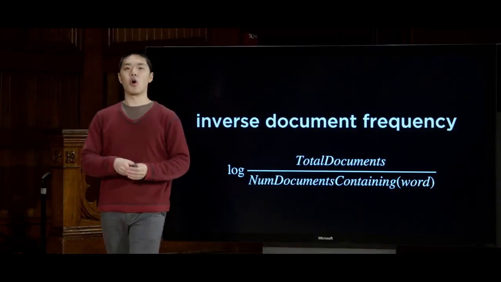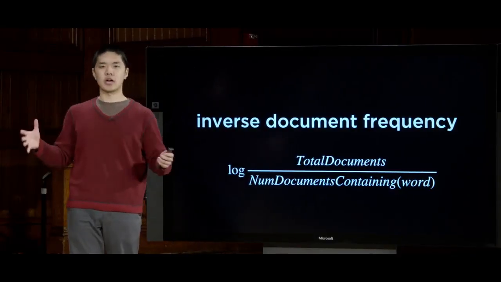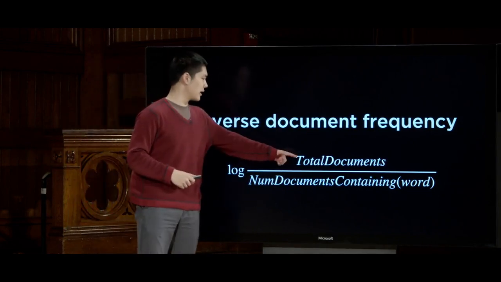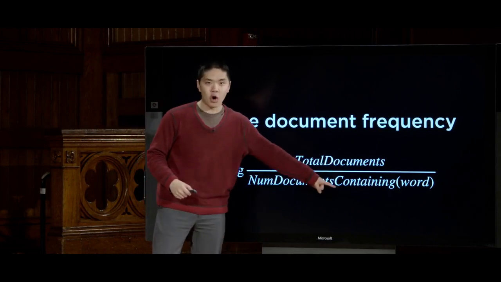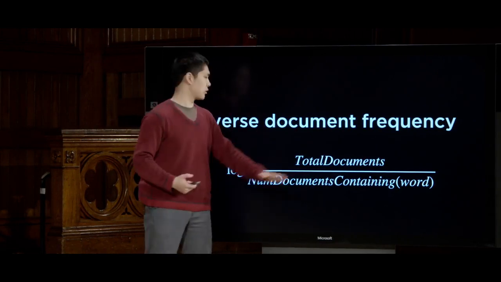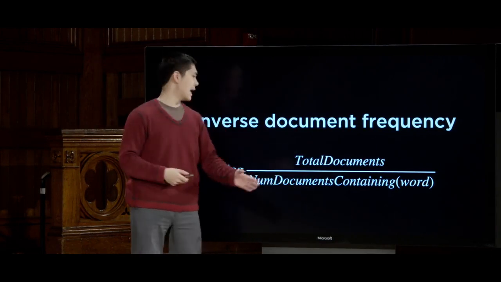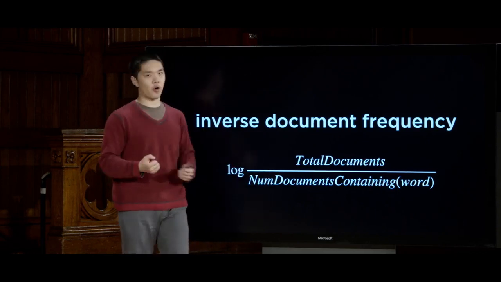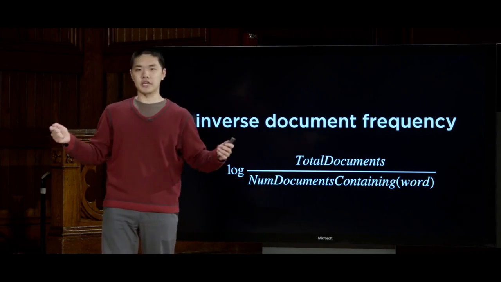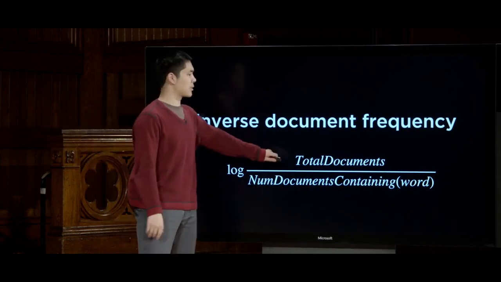So if a word like Holmes shows up in all of the documents, well, then total documents is however many documents there are. And number of documents containing Holmes is going to be the same number. So when you divide these two together, you'll get 1. And the logarithm of 1 is just 0. And so what we get is if Holmes shows up in all of the documents, it has an inverse document frequency of 0.